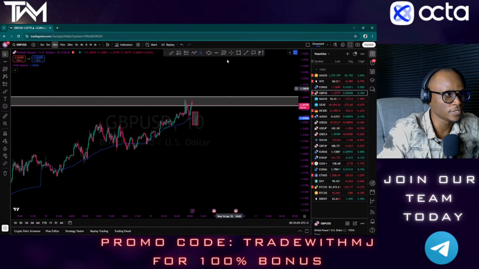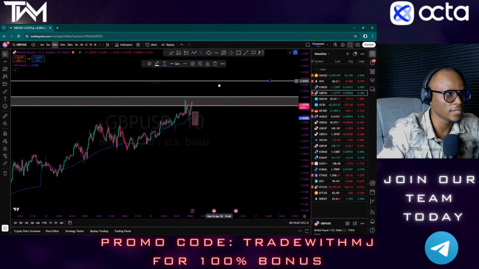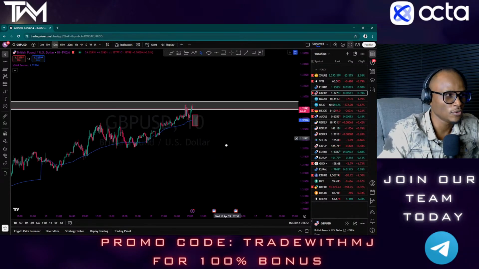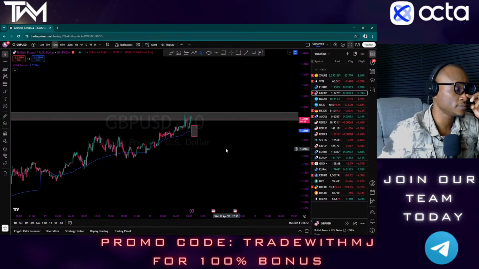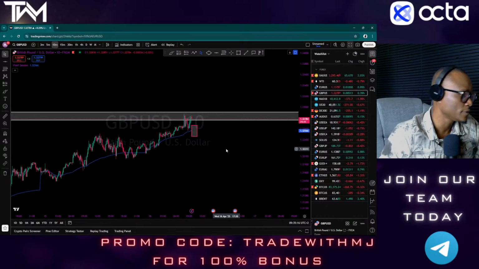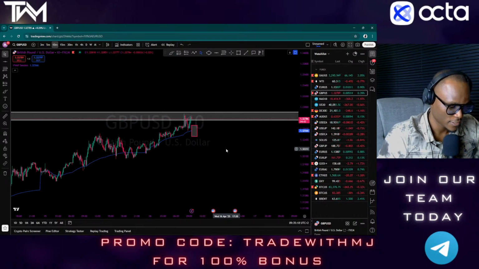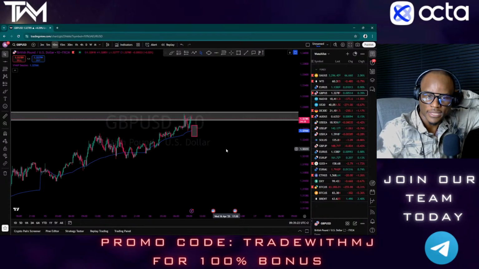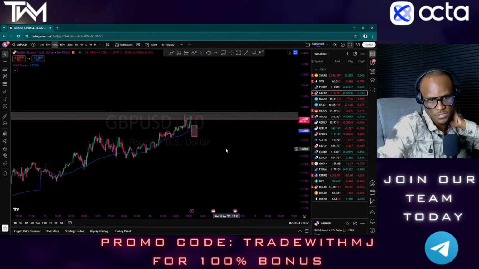Because once you open a trade, you just click on SL, you drag it, it's gonna show you everything, the percentage you're gonna lose and all that. Unlike MT5 and MT4, where everything you have to do manually, or have a system that you can plug there to calculate these things for you.